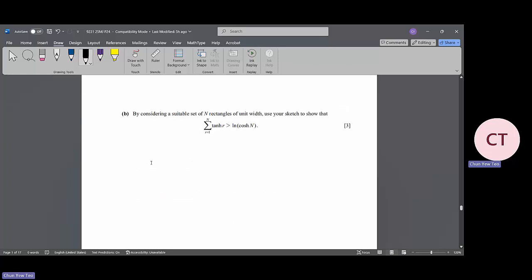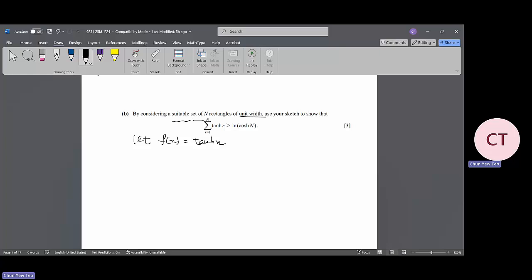By considering a suitable set of rectangles with a unit width, use your sketch to show that the sum of tanh r from r equal to 1 until n is greater than ln cosh n. So what we need to do over here is, first of all, we let tanh x be a function f(x).